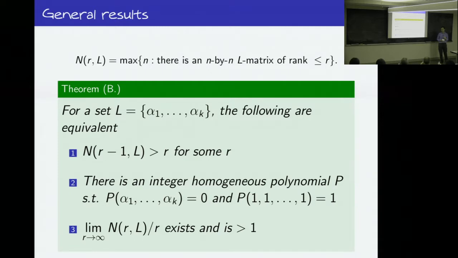When you scale all of them by c, the alphas by c, nothing will change. And integer means integer in this field: if I have a field, there's a 1, and 1 plus 1 is 2, so there are integers, the normal integers.